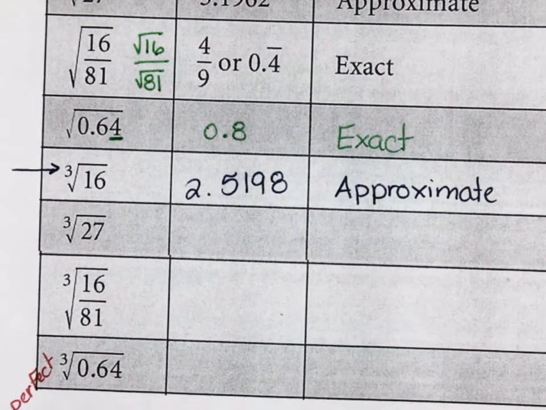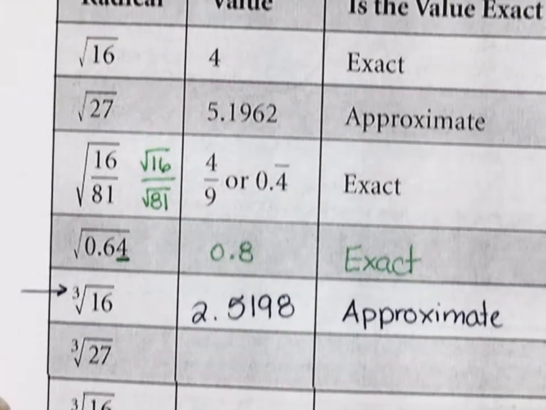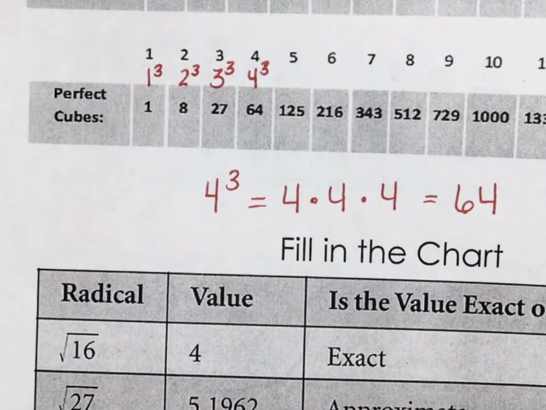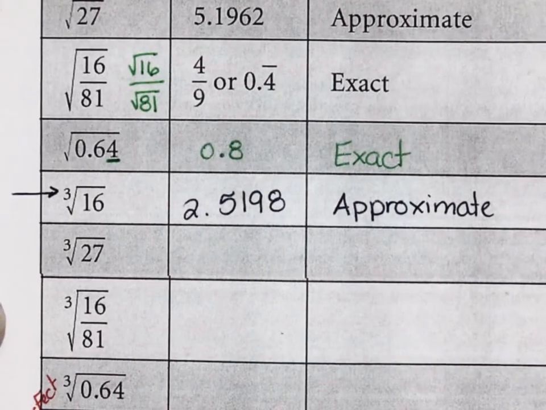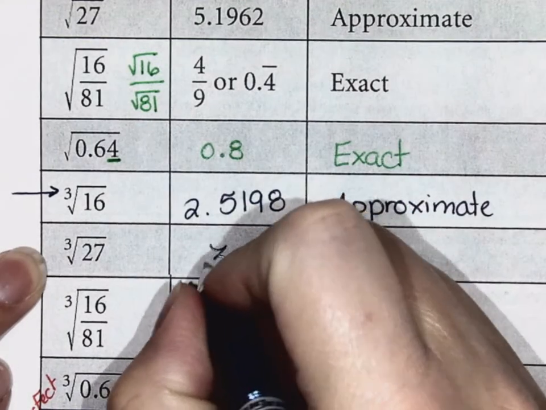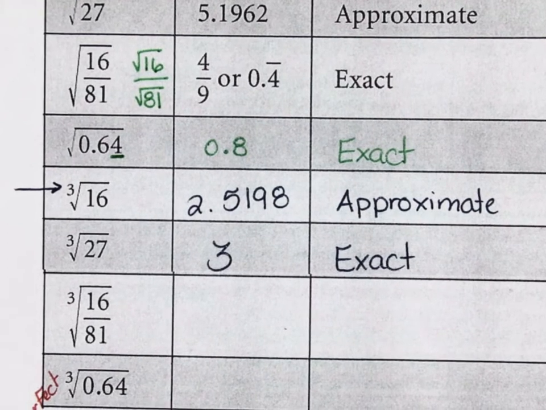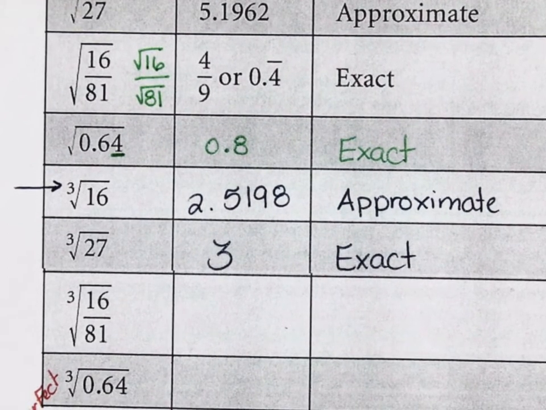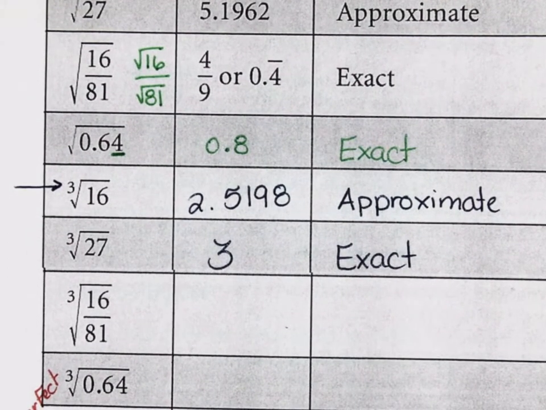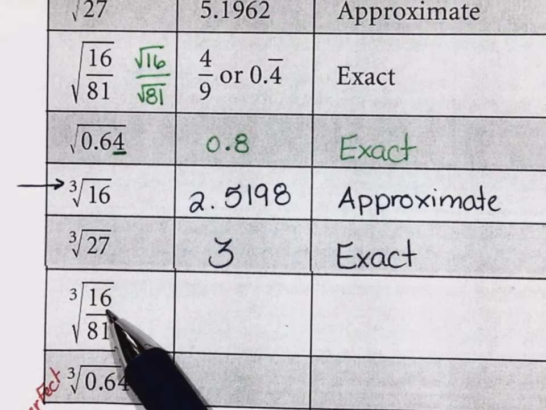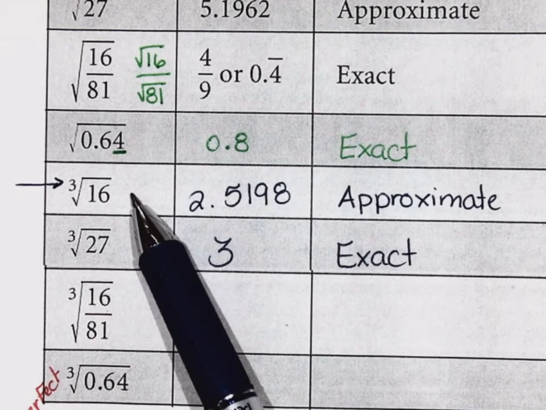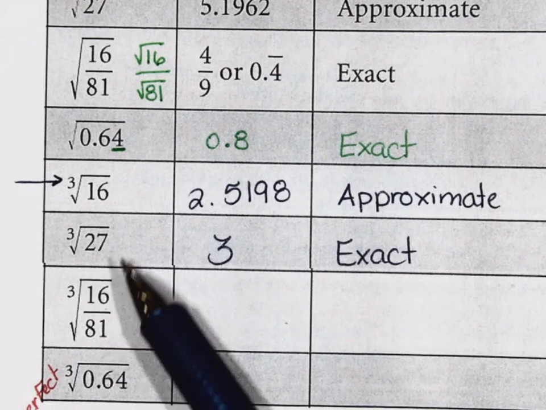Okay, cube root of 27. Is 27 in our perfect cube list? Yes. So what's the answer going to be? 3. I don't even need my calculator. All right. Is 16 a perfect cube? No, because we just solved that up here, right? It's not a perfect cube.